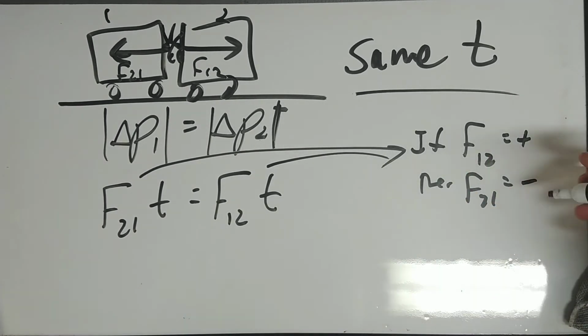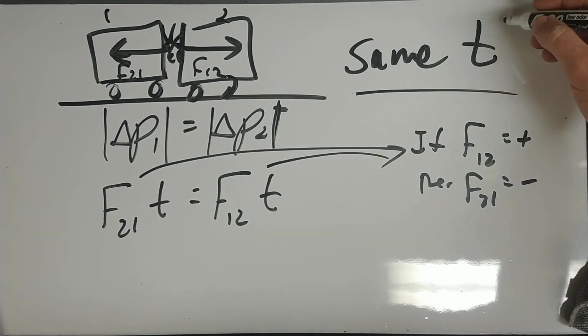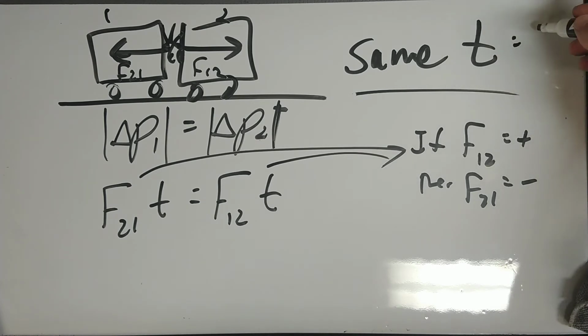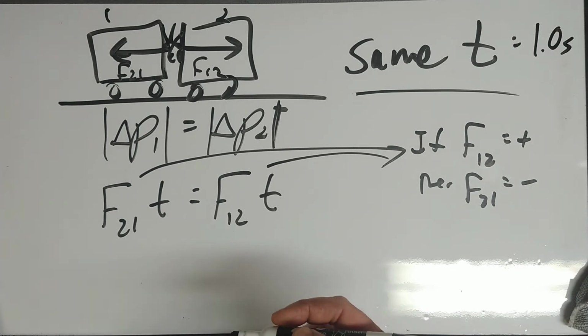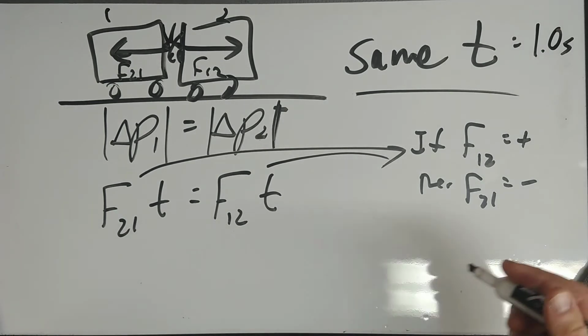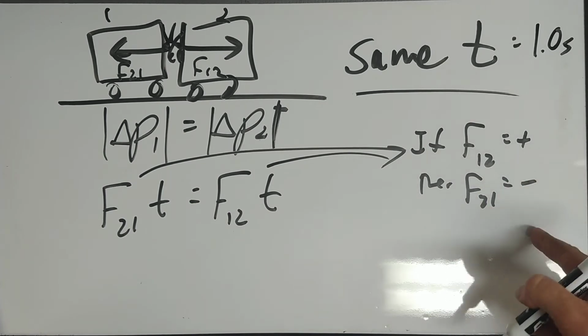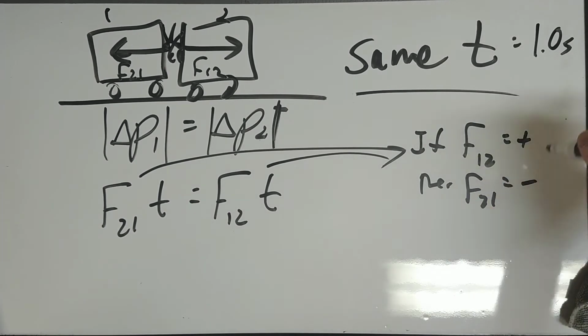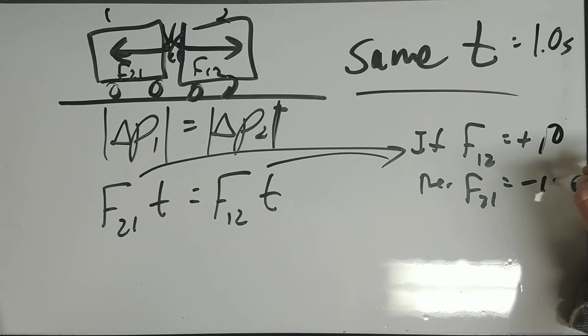So let's put a number on these. Let time be a ridiculous amount of time, 1.0 seconds. Very few collisions take 1 second, unless it's something like an airbag. Let's make the forces positive 10 and negative 10 Newtons.